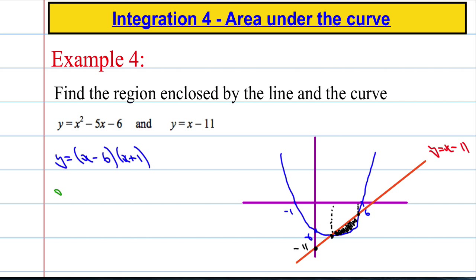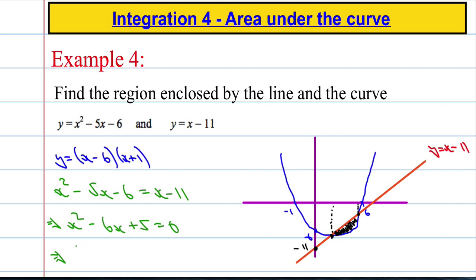So x squared minus 5x minus 6 must be equal to x minus 11 at some place. So we get x squared, taking x off both sides, minus 6x, adding 11 to both sides is going to give me plus 5, and that must be equal to 0.